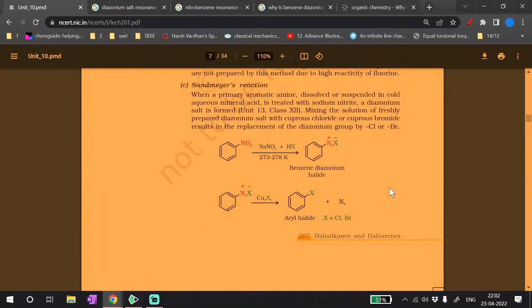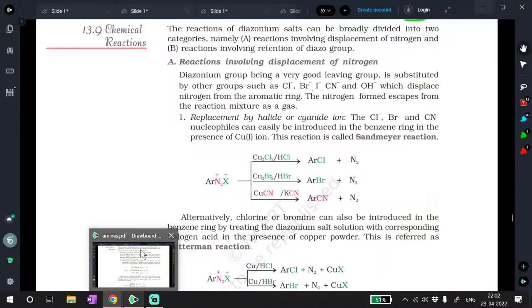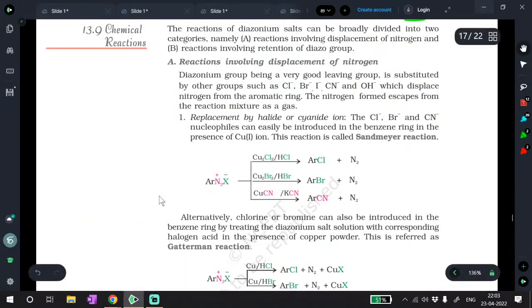So what do you have here? Cu2X2, that is chlorine and bromine. Now obviously iodine is different, so iodine uses KI. The nitrogen escapes from the reaction mixture as a gas.